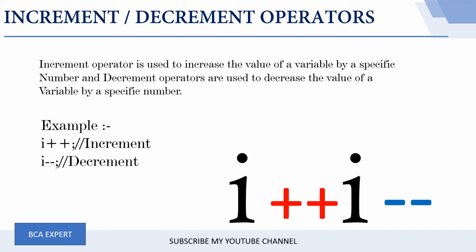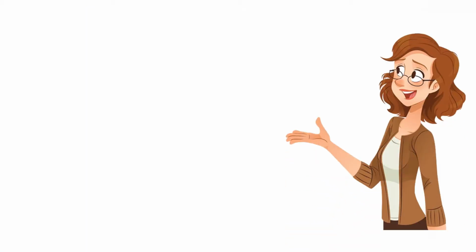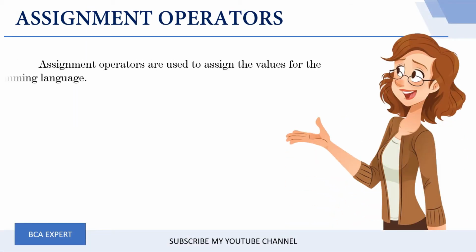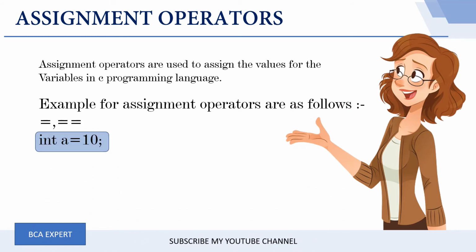Let us discuss the next type of operators, which are the assignment operators. Assignment operators are used to assign a value to a variable in the C programming language.